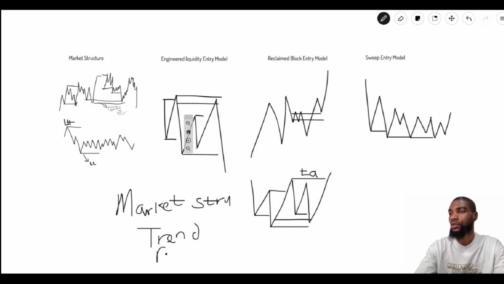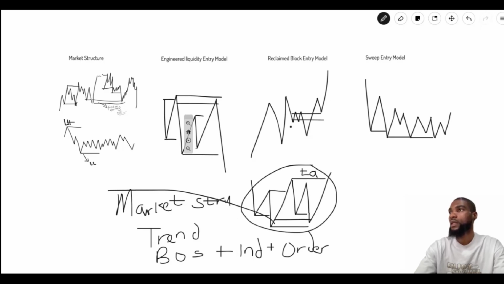We look for BOS, right? We look for an inducement. Does it have an inducement? We also look for an order block. You can call it an order block or a demand zone, right? For us to take. So all these things must come into play before you consider that trade a valid one, right? So now let's go to the charts.